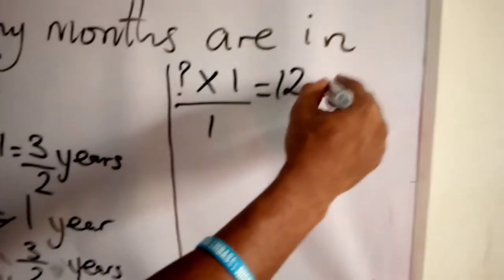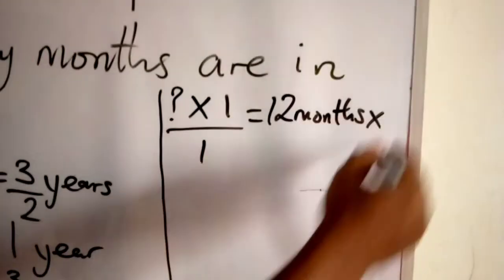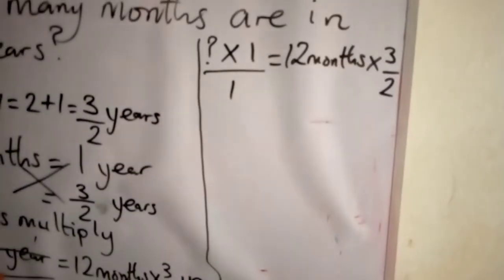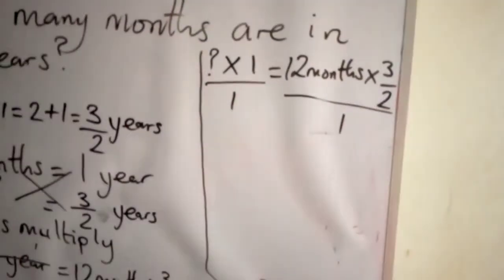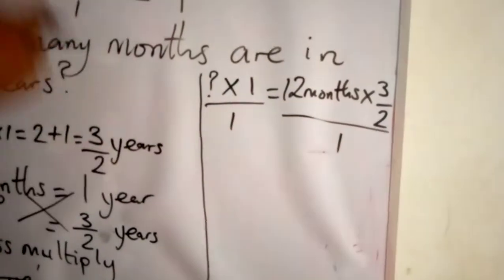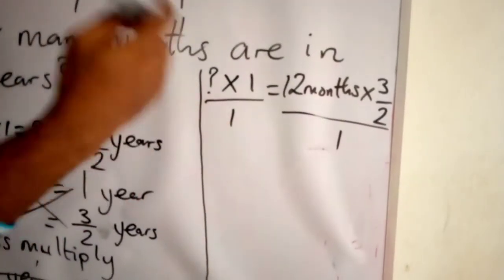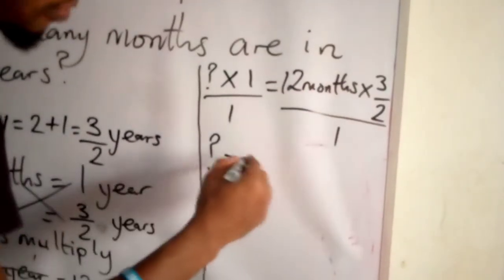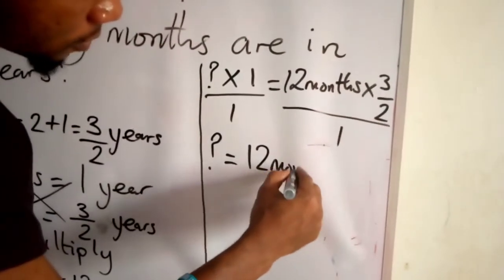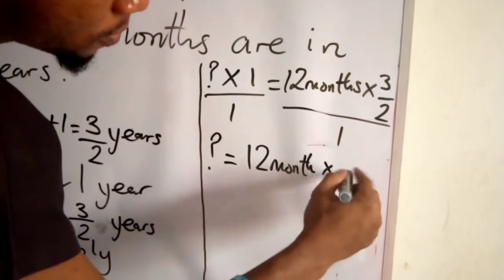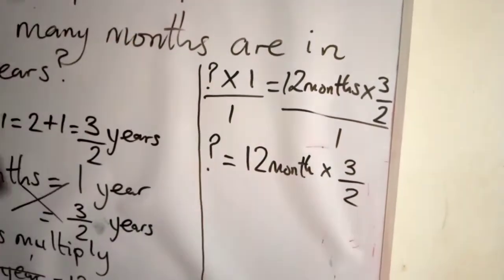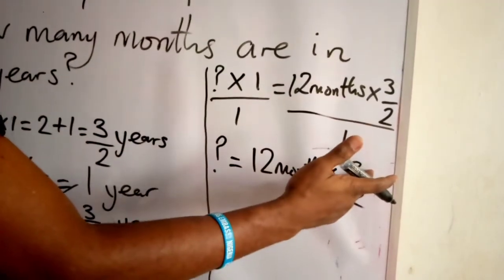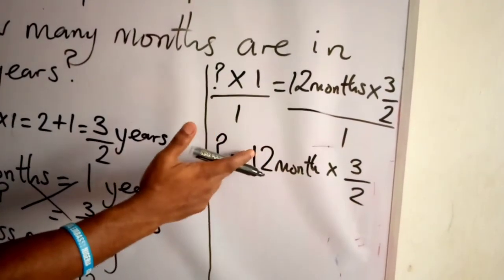12 months times 3 all over 2 all over 1. So unknown times 1 remains unknown, divided by 1 remains unknown. All this divided by 1 remains that way. 1 cannot change anything when you multiply or divide by it. Now your numerator will multiply this whole number.